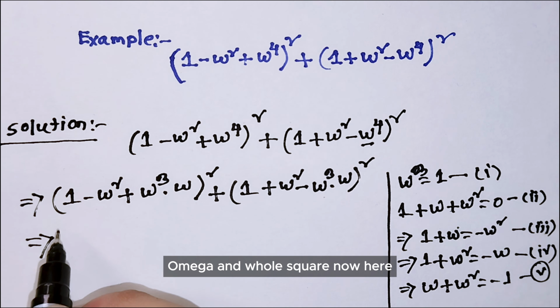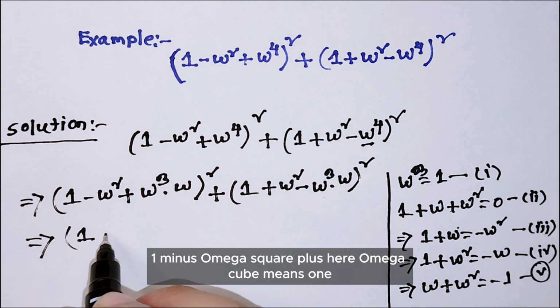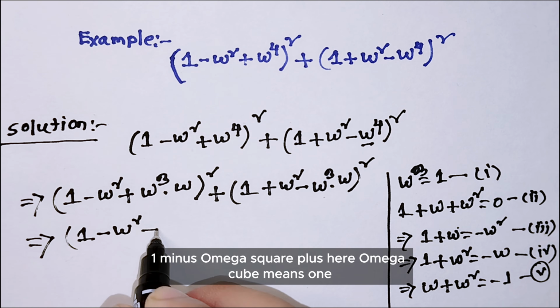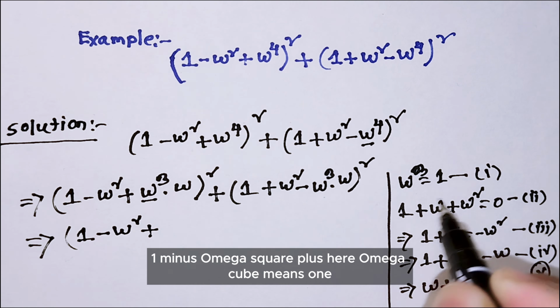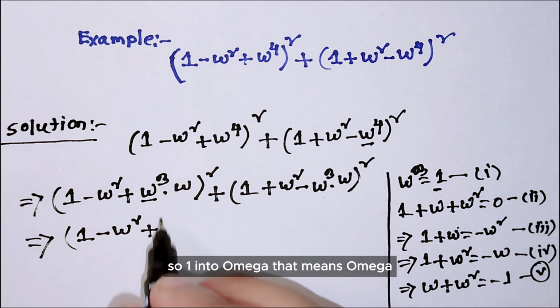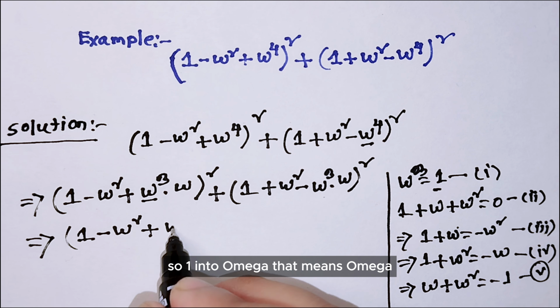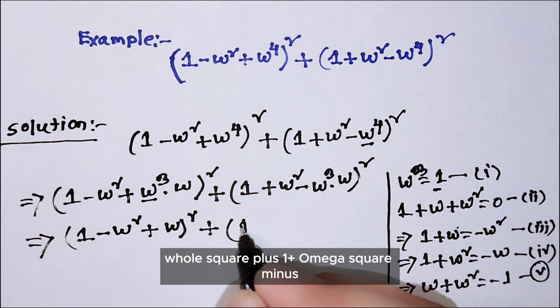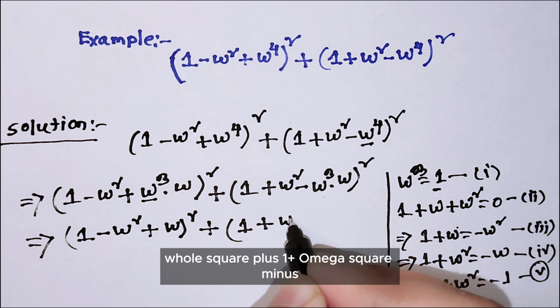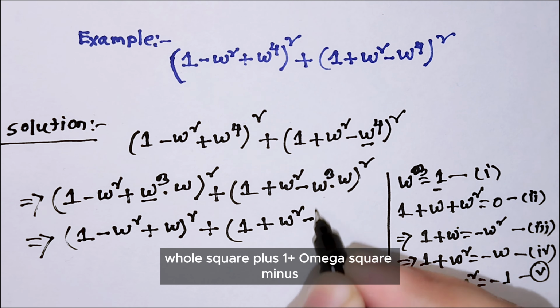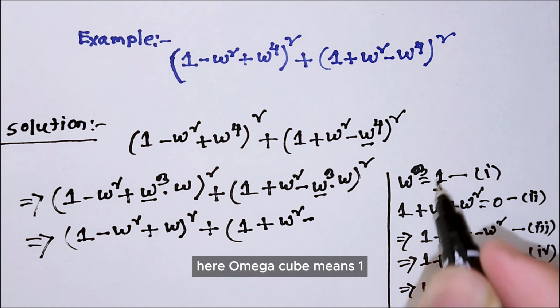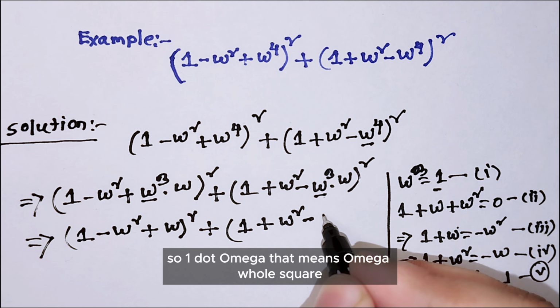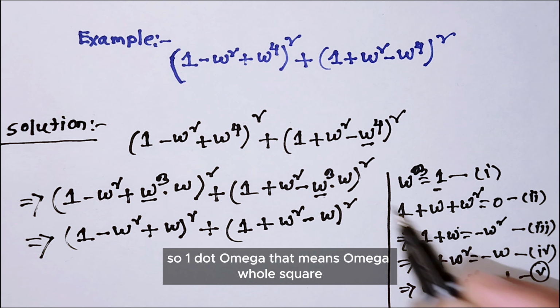Now here omega cube means 1, so 1 into omega means omega, whole square, plus 1 plus omega square minus, here omega cube means 1, so 1 dot omega means omega, whole square.